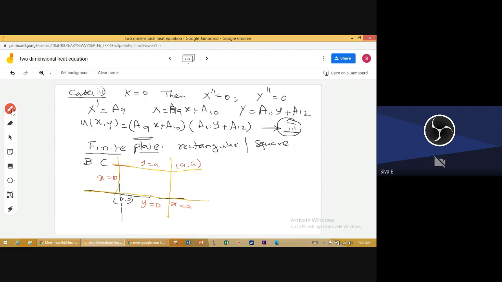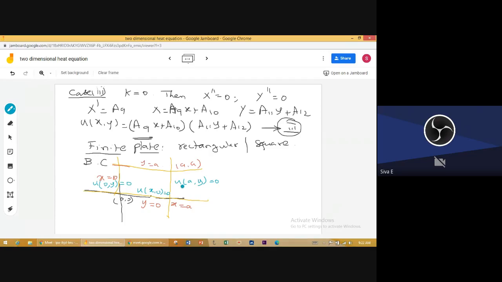Now I write the temperature of the plate. Three sides are 0, and one side is non-zero. That is u of x comma 0 is 0. This side is u of a comma y equal to 0. This side is u of 0 comma y equal to 0.